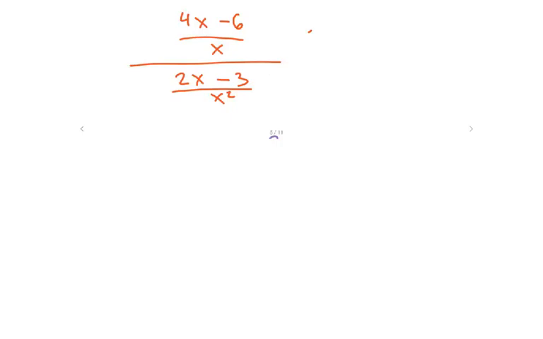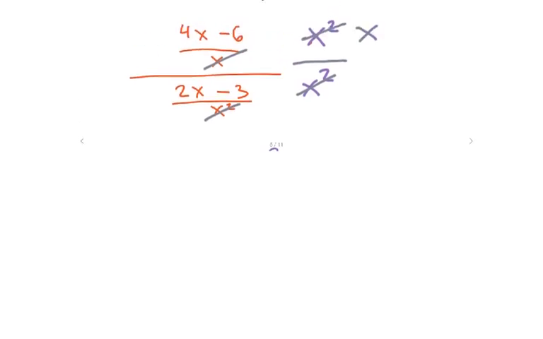Now, if we want to tackle this with method 2, then we're going to have to multiply through by the value that would get rid of x and x squared. And hopefully it's clear that it would be x squared. Essentially, you would be taking the highest exponent. So when we do this, x goes into x squared, leaving me with x, and x squared goes into x squared and goes away.